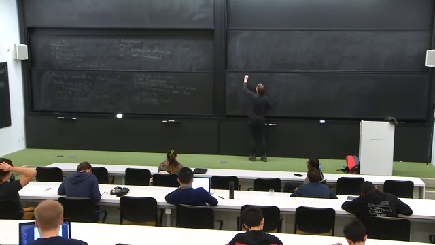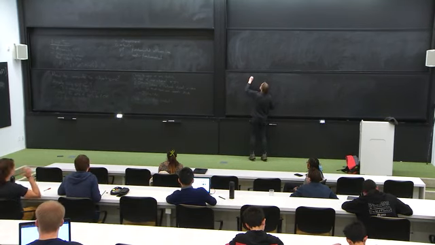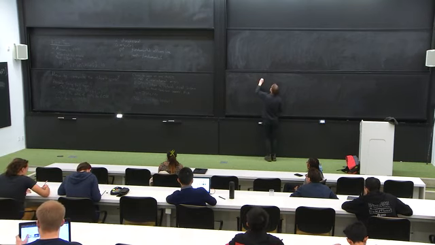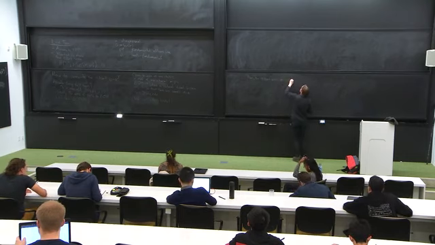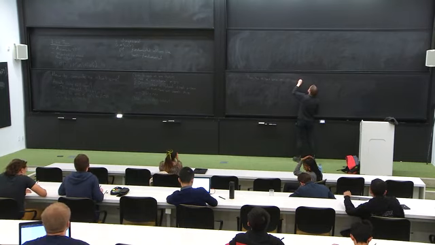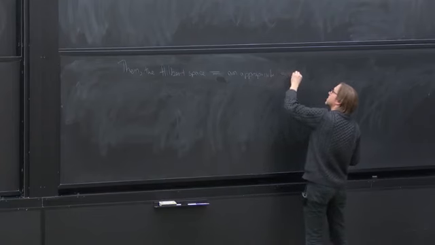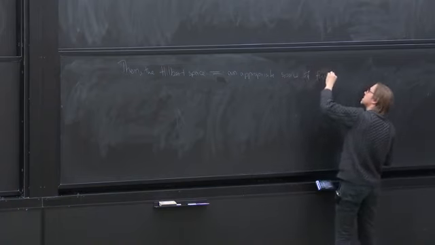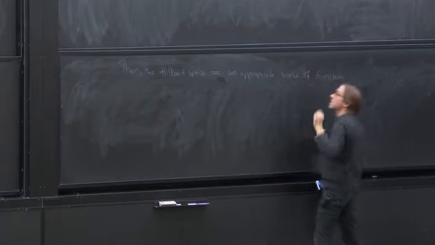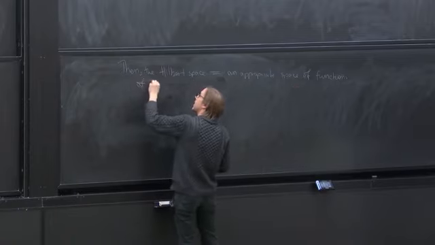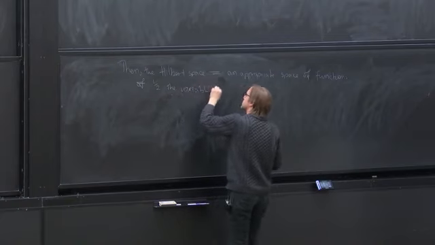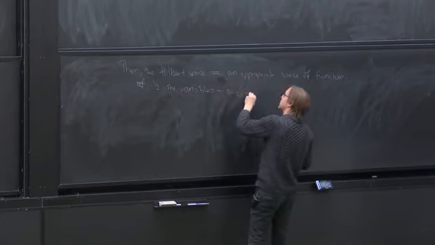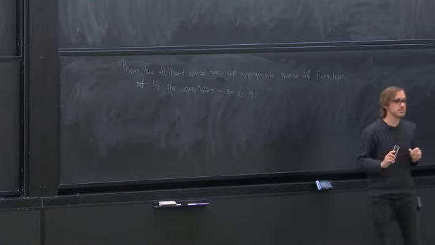And then the Hilbert space is equal to an appropriate space of functions of half the variables, say q_i.